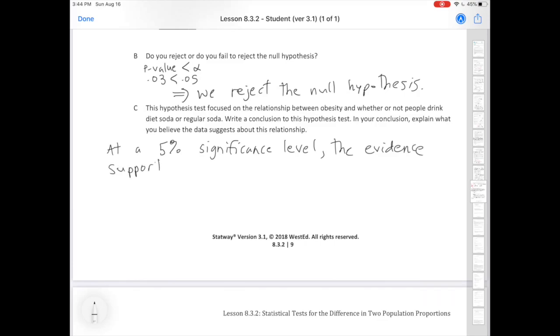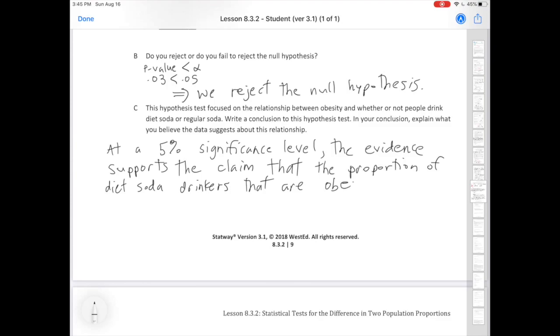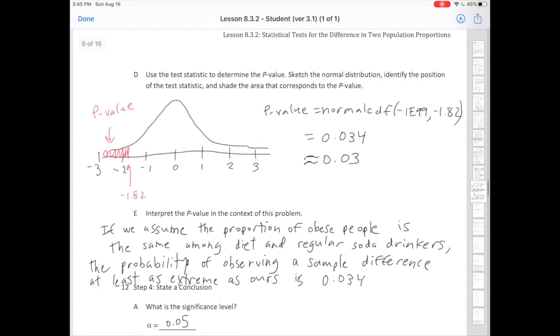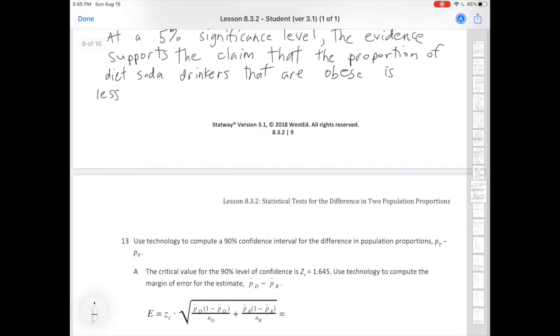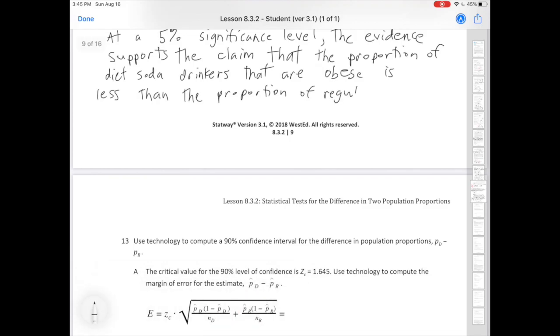The evidence supports the claim that the proportion of diet soda drinkers that are obese is less than the proportion of regular soda drinkers that are obese.